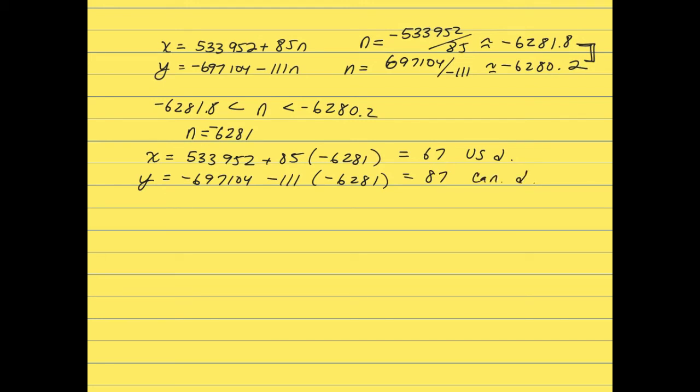And you can plug those back into the original equation just to check and make sure this works. And in fact, 111 times 67 plus 85 times 87 equals the 14,832 that we wanted. So we found the solution.